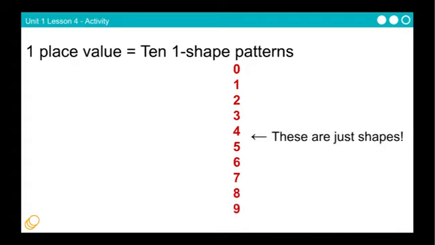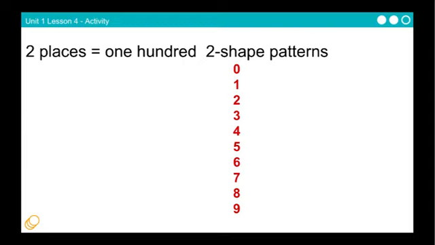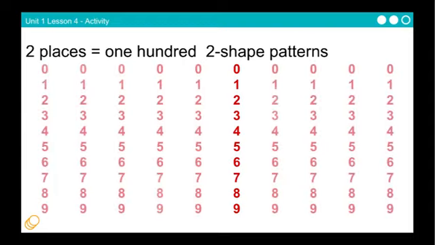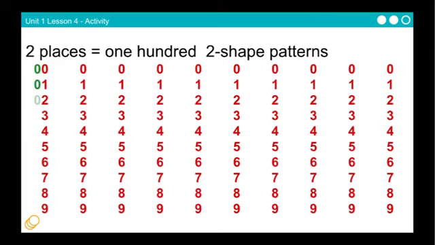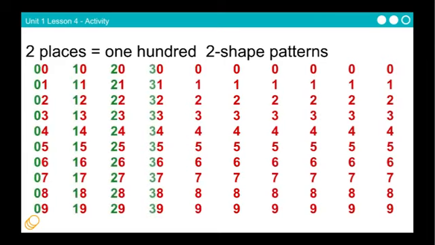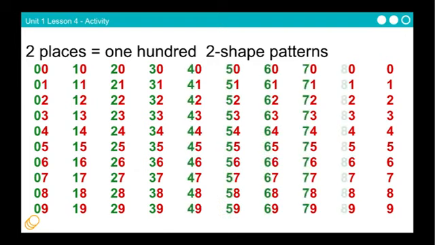The numbers that we use are literally just shapes, okay? With 2 place values, we have 100 two-shape patterns. These are numbers 00 through 99.